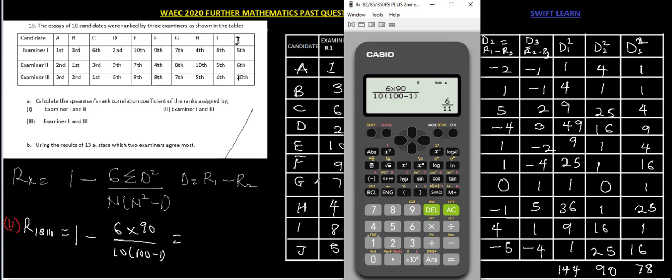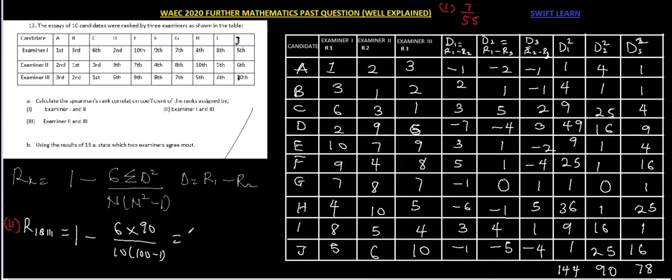So that's 1 minus 6 over 11. And what is 1 minus 6 over 11? That's 5 divided by 11. So let me write here. Remember what we're doing. The second one is 5 divided by 11.